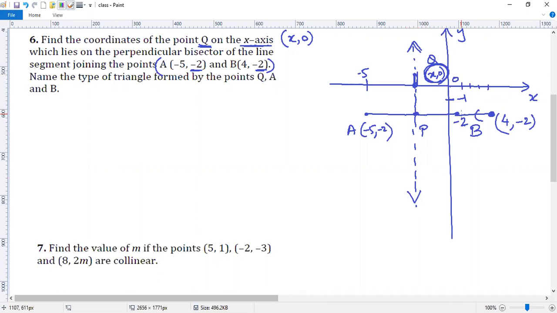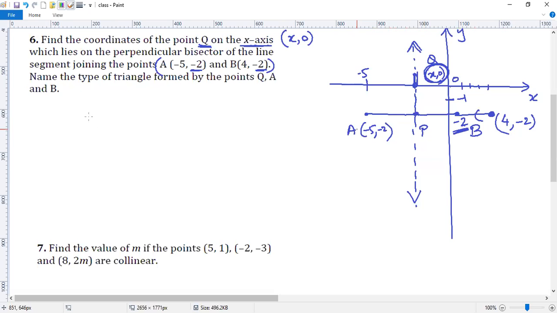Fine. You know that the perpendicular bisector line will always pass through the center of that particular line. Because it's a bisector, it will bisect the line into 2 equal halves, right? So now you can identify that this particular point is the midpoint of A and B. And this is already running through -2. So obviously midway between -5 and 4.